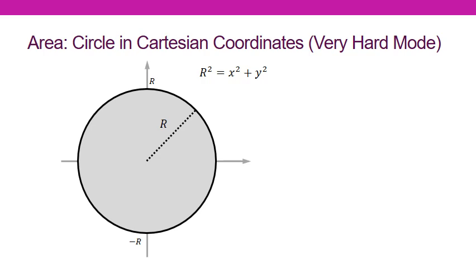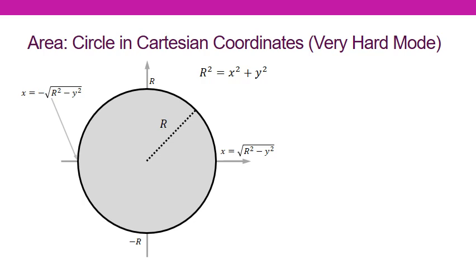Now I've got to figure out what my limits of x are, so I can take this equation for the circle and solve it for x to find this point and this point on my circle. And if I do that, that's going to give me my limits. I take the square root of r squared minus y squared.